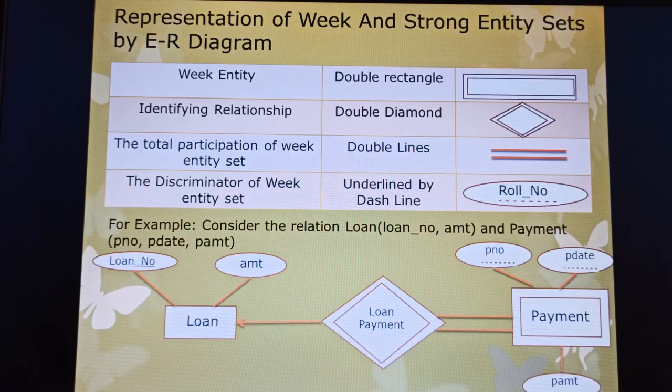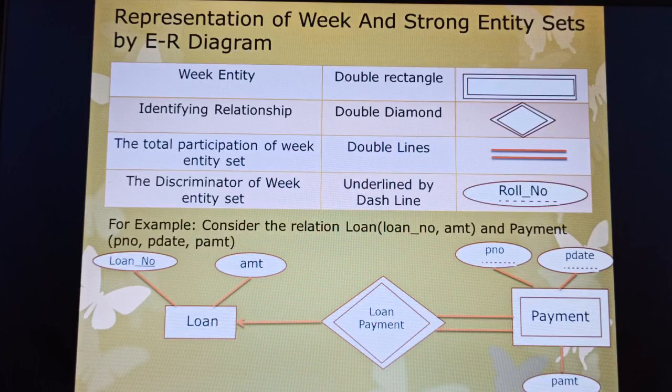Therefore, the payment entity is a weak entity and the loan entity is a strong entity. Here, the complete participation of the loan payment relationship is represented using double lines, because payment is completely dependent on the loan entity.